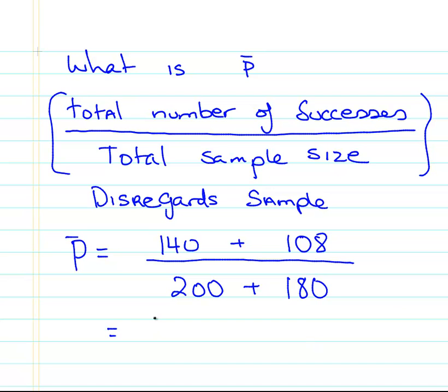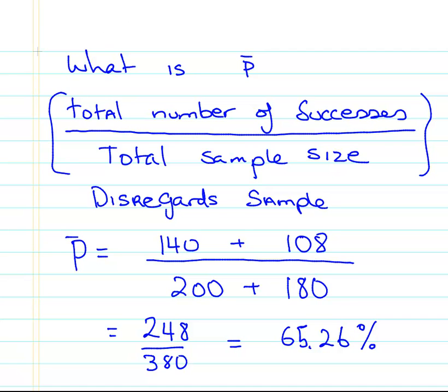So the pooled proportion is 248 over 380. Let's calculate that out: 65.26%, working on the basis of percentages. That gives me my pooled proportion, and that's what we use in our standard error.